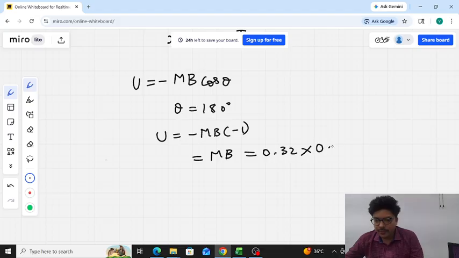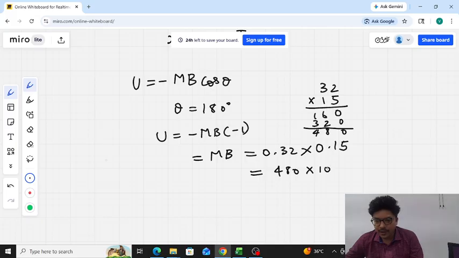Do this calculation: 32 into 15 gives 480, so you will get 480 into 10 power minus 4, which is equal to 0.048.